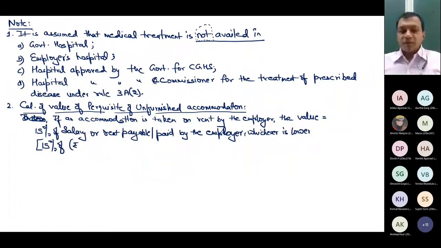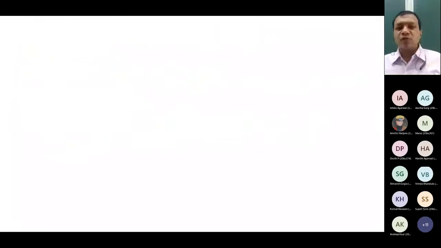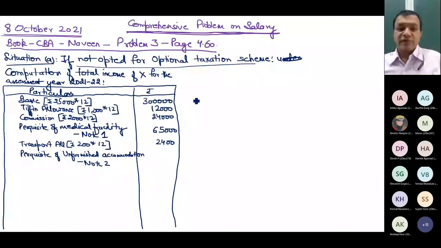Now, if you see my question, what will you include in salary for accommodation? I will include 3 lakh. I will include Tiffin allowance. It's monetary. I will include commission. Reimbursement is a monetary benefit, but since it is a perquisite, I will exclude it.